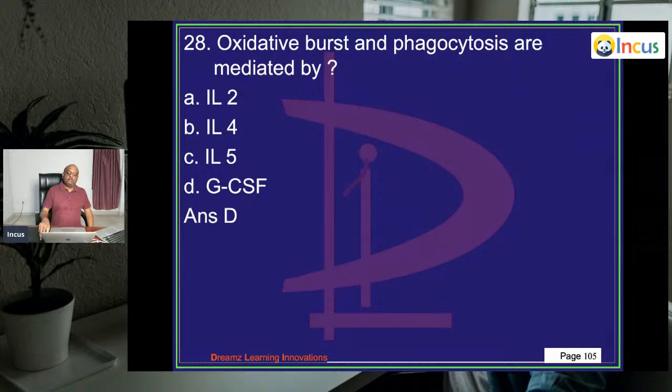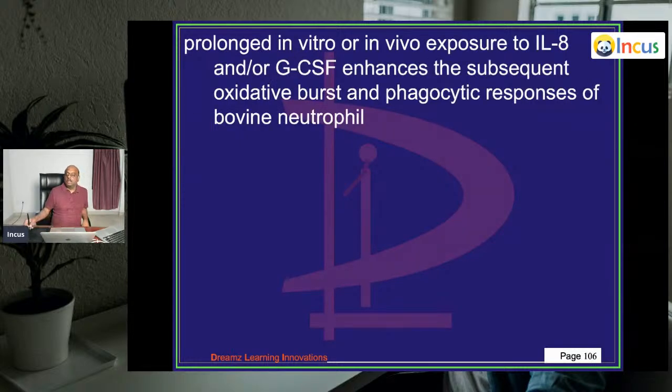So oxidative burst and phagocytosis are mediated by the GCSF, granulocyte colony stimulating factor, and also interleukin 8.